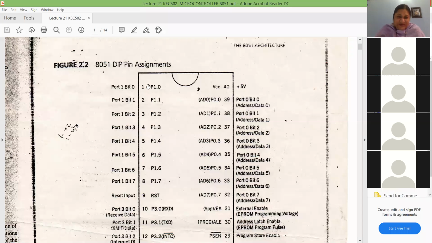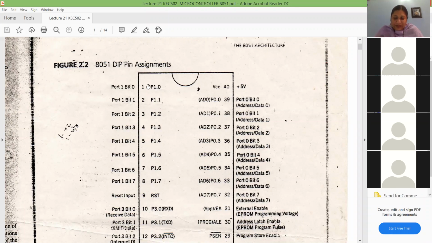The only difference is that 8051 has 4K of EEPROM and 8052 has 8K of EEPROM, and 8051 has 128 bytes of RAM and 8052 has 256 bytes of RAM. So memory capacity is just doubled; everything else, all instructions, all ports, each and every pin configuration is similar to 8051.